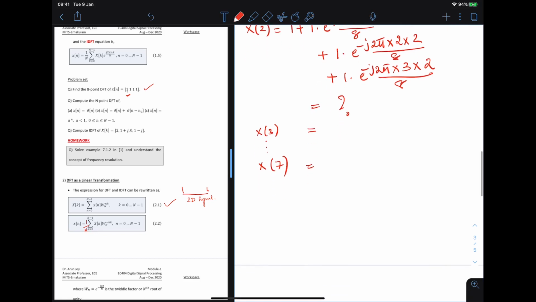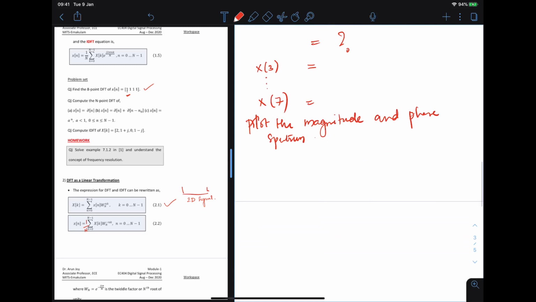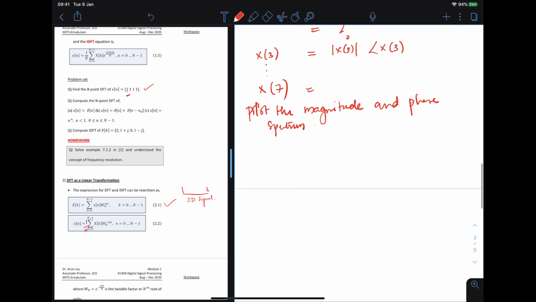Now if they are telling you to plot the magnitude and phase spectrum, what will you do? You have already found out the magnitude and angle, so you just have to plot it.